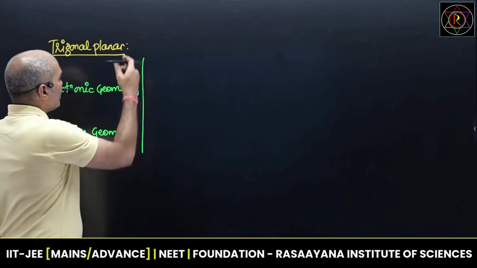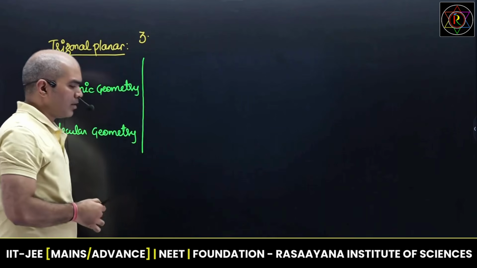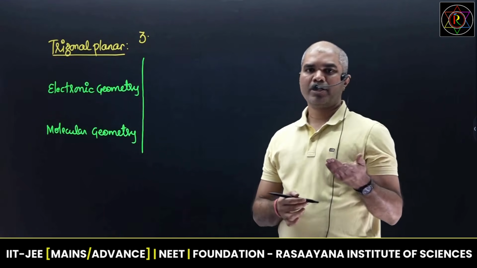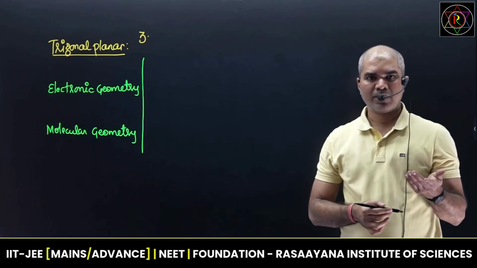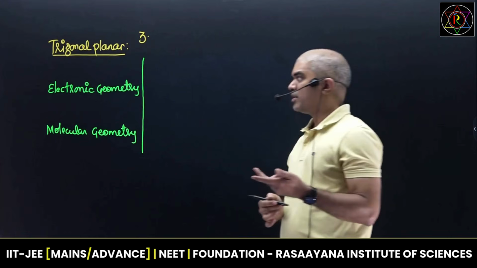For trigonal planar, the steric number is 3. So when I say 3, that 3 could be 3 bonded pairs, 0 lone pairs, or 2 bonded pairs, 1 lone pair, or 1 bonded pair, 2 lone pairs. It could be any of these 3.